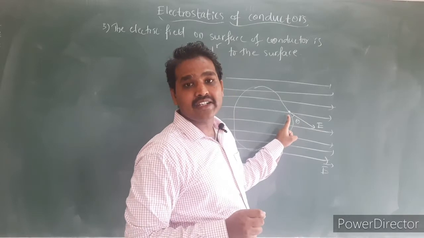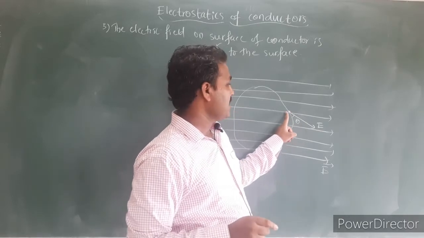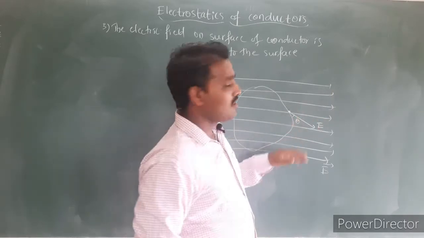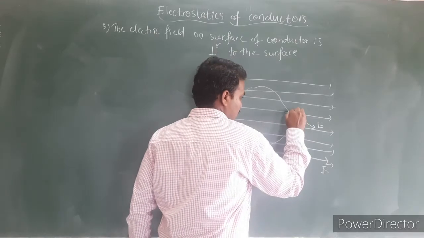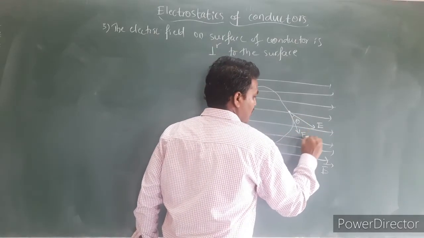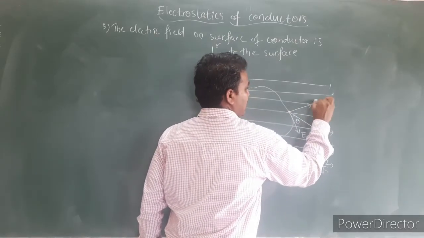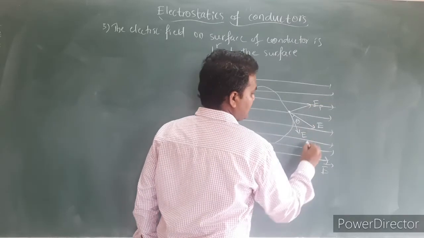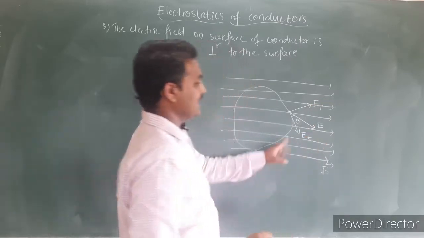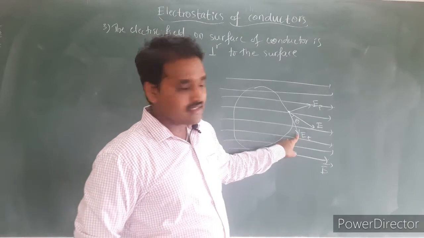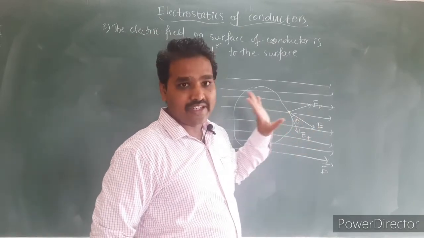We can resolve that electric field into two components: a perpendicular component and a tangential component. Let me call this E_P, and this E_T. E_T is the tangential component of the electric field.